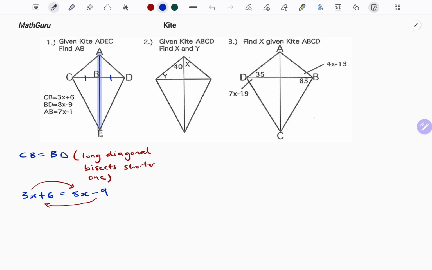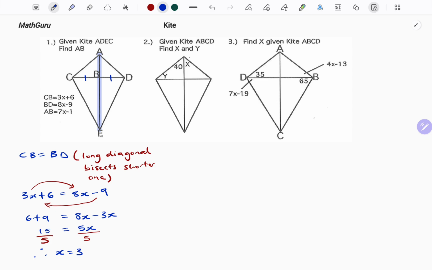So writing my equation, I have 6 plus 9 equals 8x minus 3x. 6 plus 9, that's 15, equals 8x minus 3x, 5x. In order to find x, I'm going to divide both sides by 5. Therefore, 15 divided by 5, that's 3.